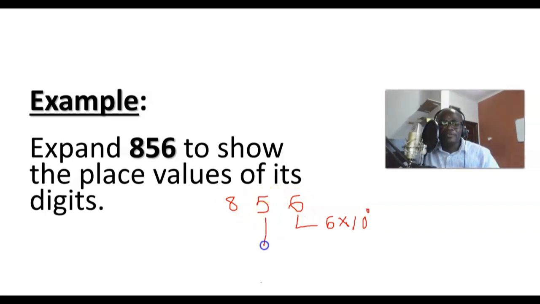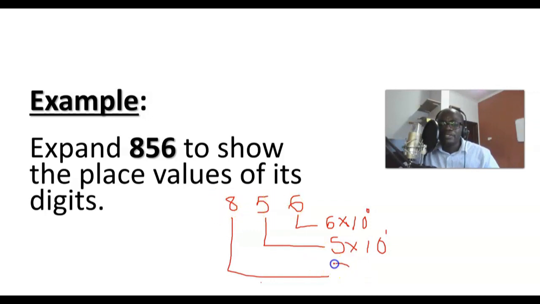So then 5 can also be expressed with 10 as a base, so what we'll have is 5 times 10 to the power 1, and then 8 can be expressed. 8 is in the position of hundreds: ones, tens, hundreds.